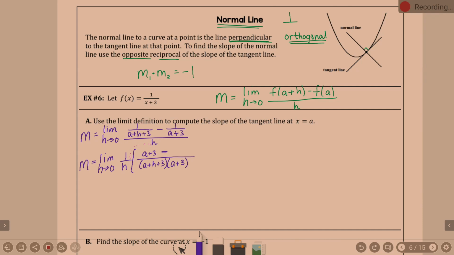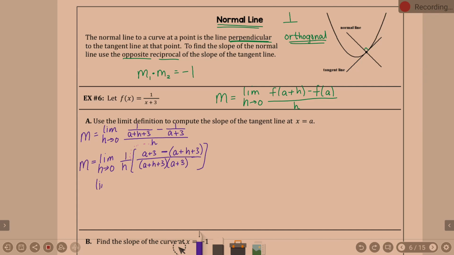So then it's 1 times a plus h plus 3, which is, I'm going to write minus the quantity a plus h plus 3. Or if you prefer, you could have written minus a minus h minus 3. Right? Okay. Are you with me? Yes? No? Okay. So I know that wasn't fun, but okay, let's go down.